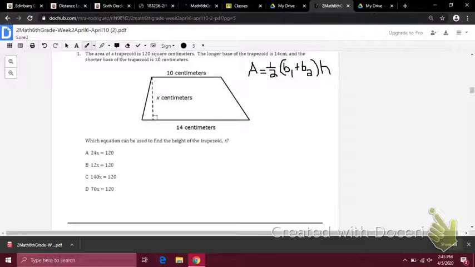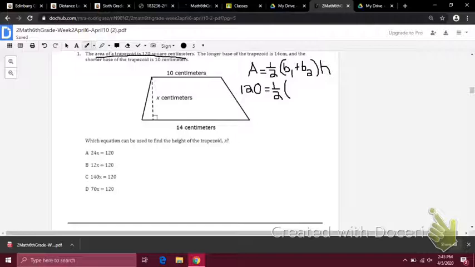Now all we're going to do is substitute the values that we know. Up here they told you that the area was 120, so under the variable A, we're going to put 120. Then bring down the 1/2. Now we can substitute inside the parentheses for base 1 and base 2.